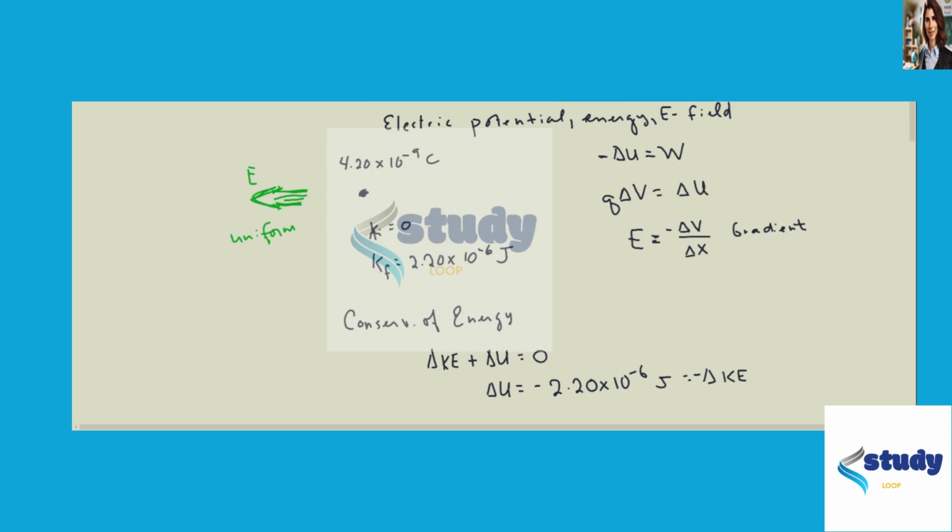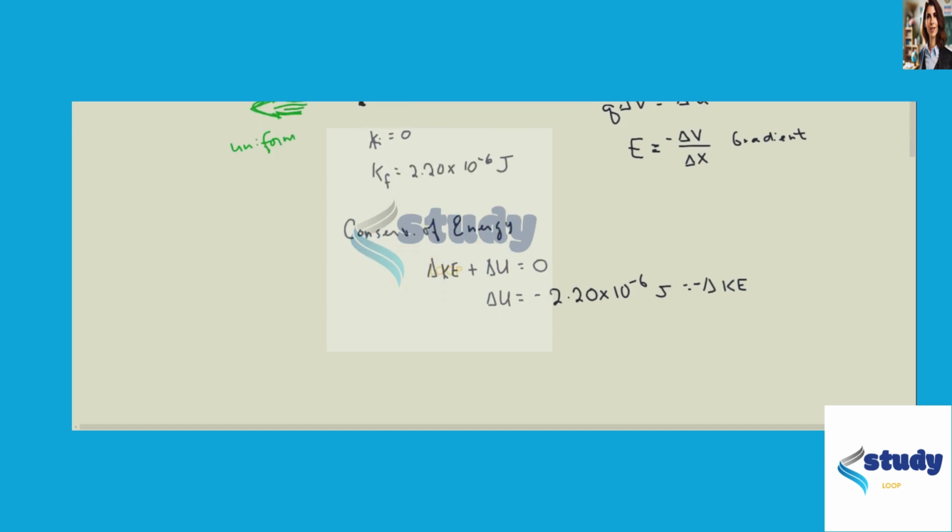Okay, and what that tells us then is that since the delta U was negative, the electric field did work exactly opposite that amount.